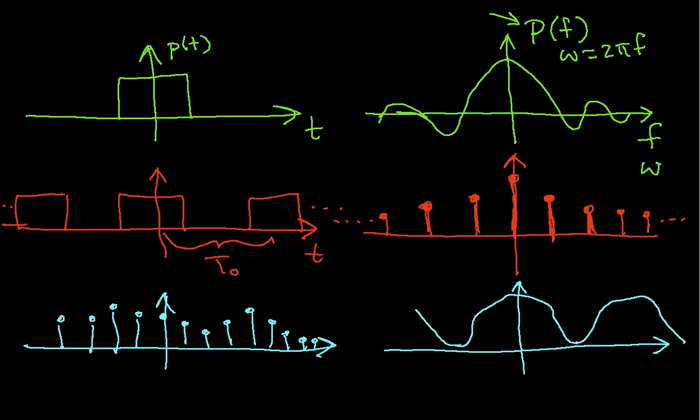So if I have drawn this correctly, you'll look at this and say, except for that last nasty bit, that in the frequency domain, you get the same shape repeated over and over and over.